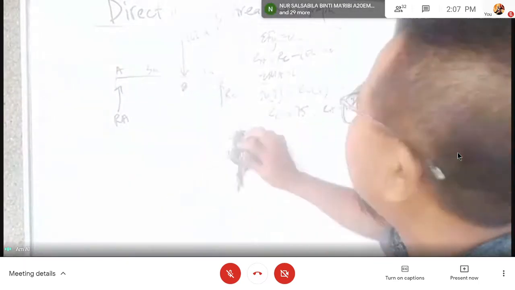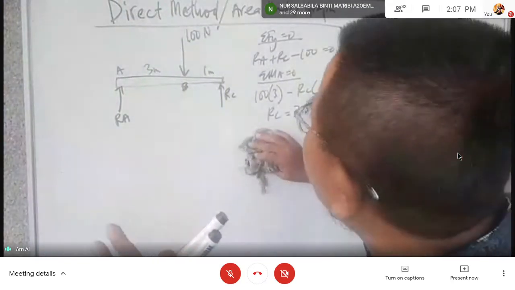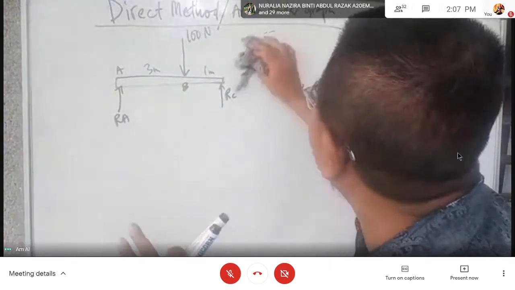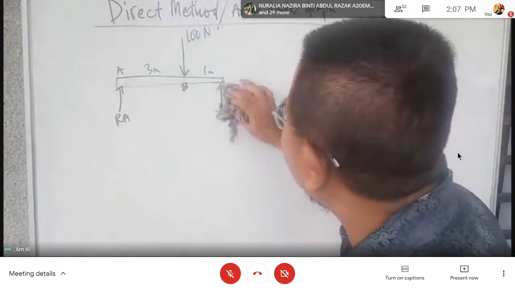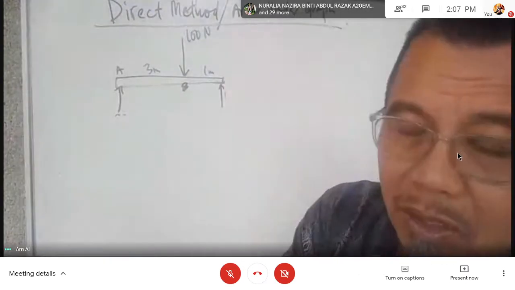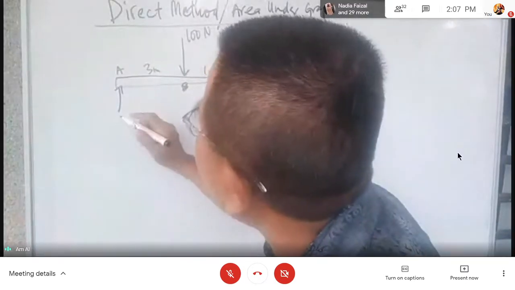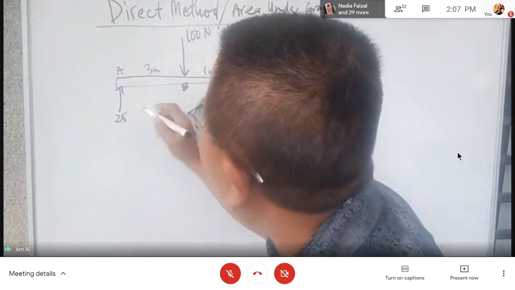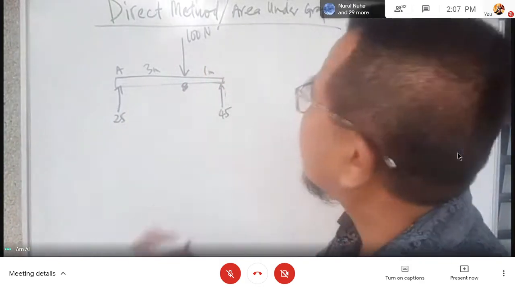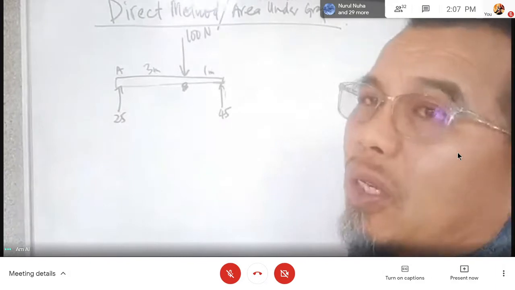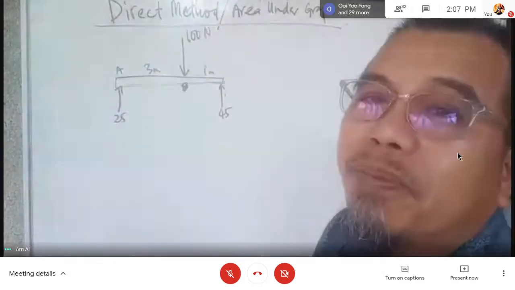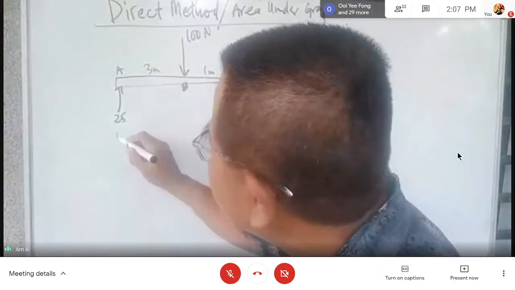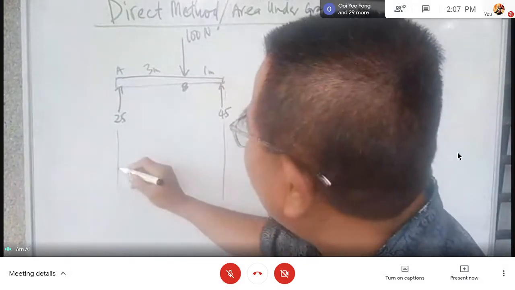Okay, enough. The first step we finish. Now we start with the second step. So this is 25, this is 75. How do we draw the graph when we have this? Very simple. So we draw like that.